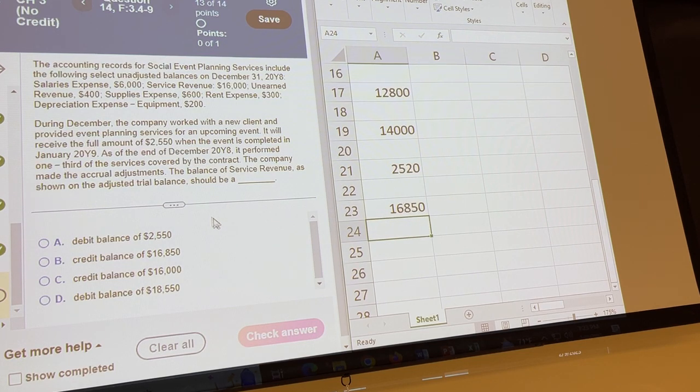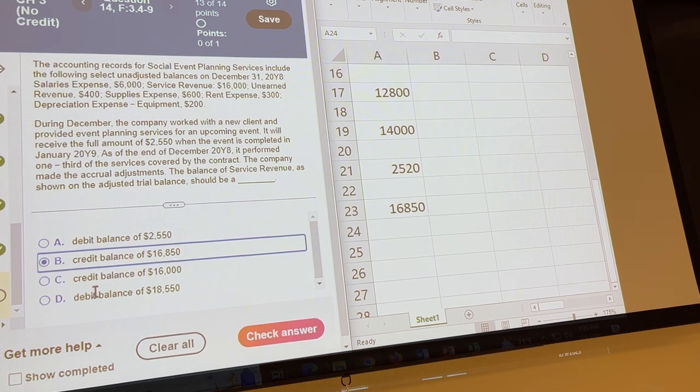And so we would have service revenue of $16,850, and service revenue would, by its nature, be a credit. Revenue account is a credit, so we have a credit balance of $16,850.